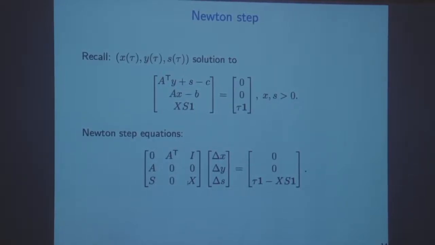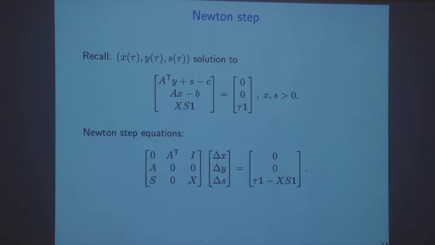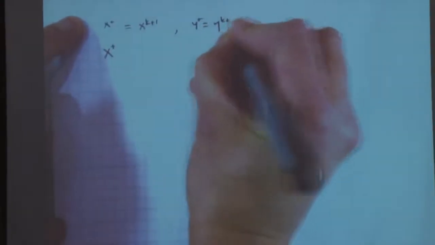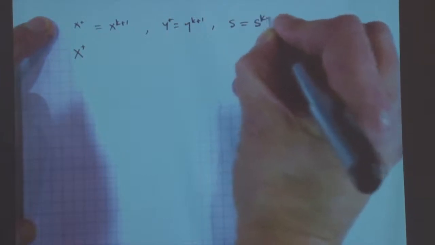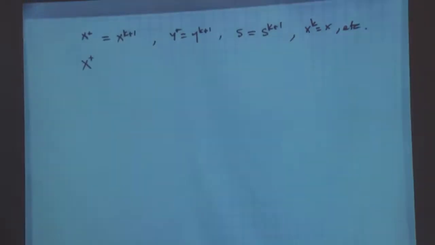So if we use the Newton step, just for shorthand, I'm going to call x plus xk plus 1, y plus is yk plus 1, and s plus is sk plus 1. So I don't have to write so many k's. And xk is going to be x, and so on.